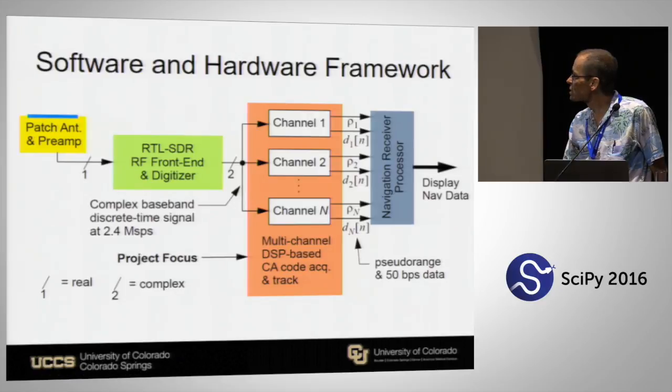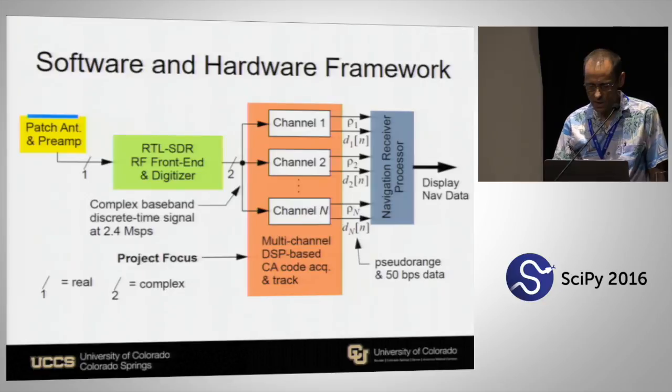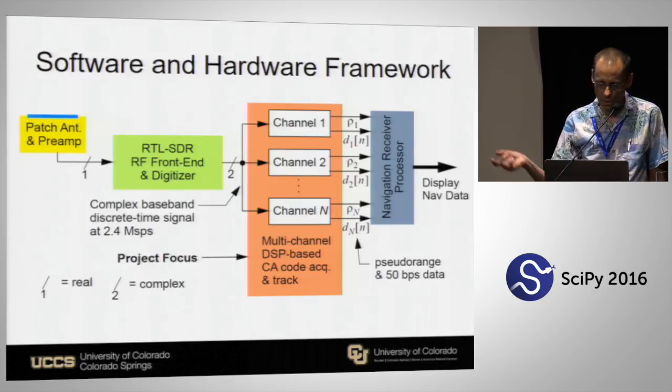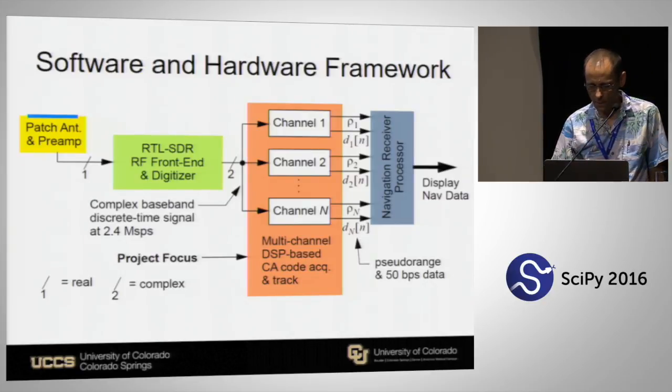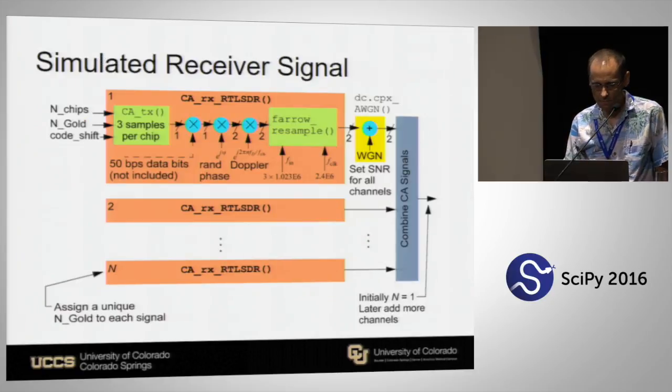So a one-channel receiver would just instantiate one object, and an N-channel would instantiate as many as you want. The little receiver that I passed around is a 12-channel GPS. So it has 12 receivers in it, or correlators. And then you process in the blue box to get the nav solution. I don't have that implemented because I was mostly focused on, as I say, the orange box there.